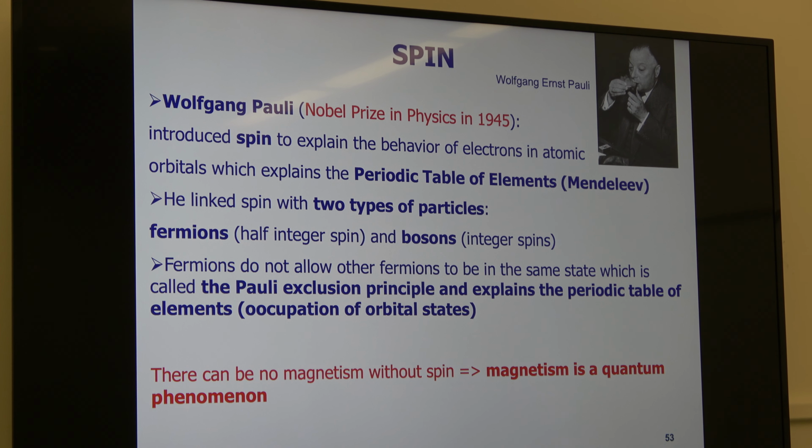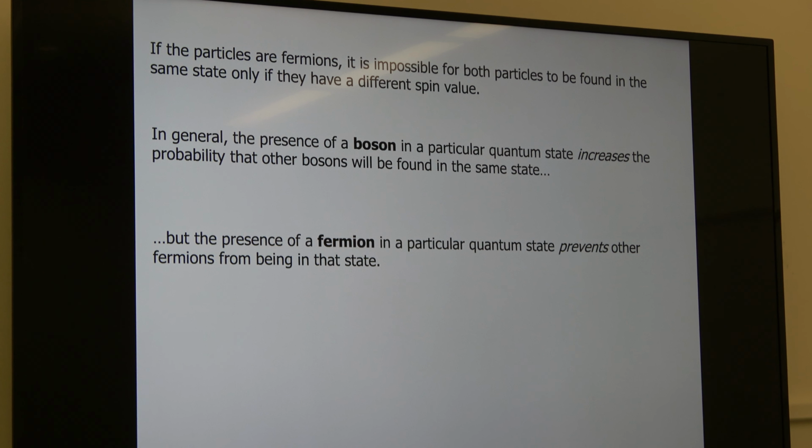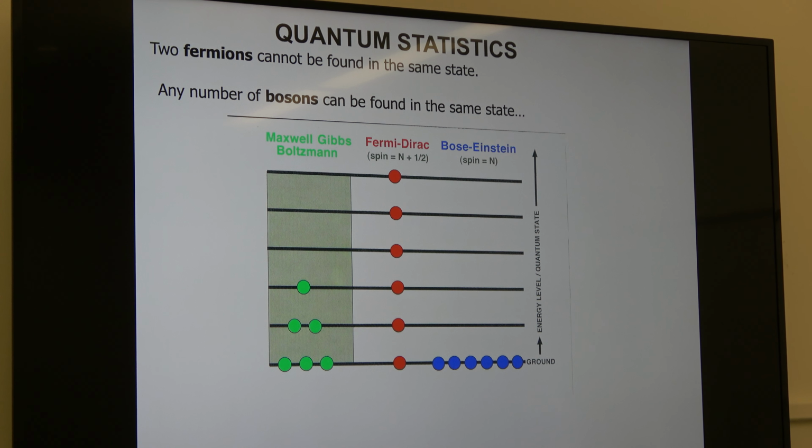So electromagnetic waves can be seen as particles with spin 1, and the states of these particles can be occupied by any number of particles from 0 to infinity. That's called photon statistics. So as I mentioned, there's no magnetism without spin.